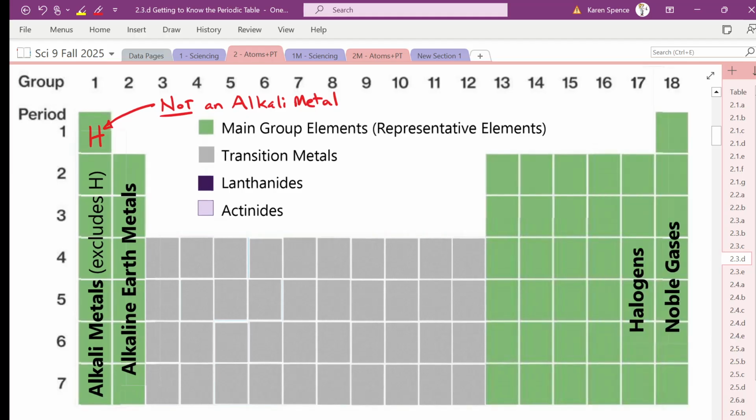if we were to draw our staircase, do you remember the staircase? Do you remember where the staircase starts? The staircase starts at this little corner here, and we're going to draw it right now. So go ahead and draw the staircase, goes down and across and down and across.